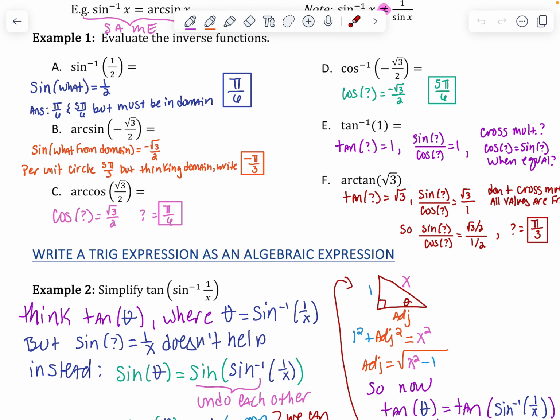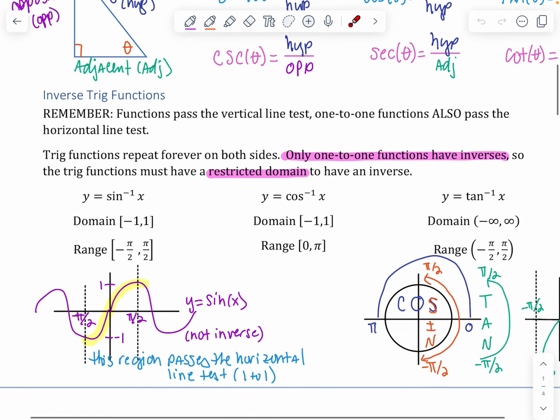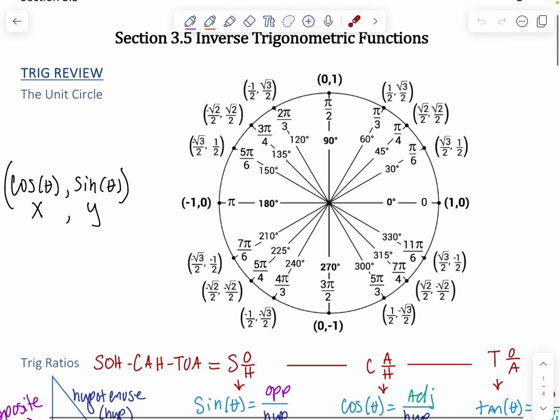Again, I'm asked to find the arc sine, exact same question as the inverse sine, but this time I have -√3/2. So the sine from what that's in our domain, because now we need to look for that, has a y value of -√3/2. As I come up here, +√3/2, +√3/2.